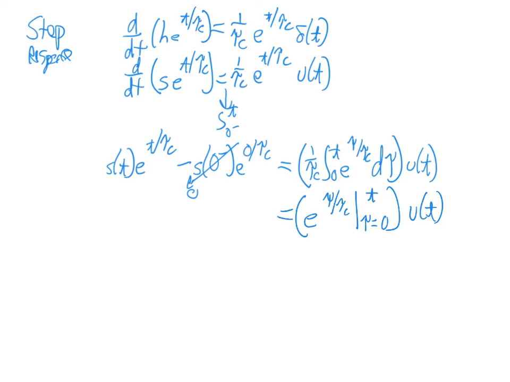On the left-hand side of the equation, I still have s of t times e to the t over tau c, and now I can simplify the right-hand side by substituting in, first of all, tau equals t, and then tau equals 0, so I get e to the 0.